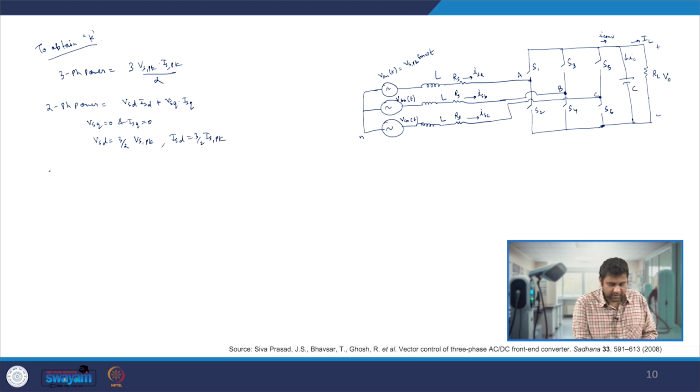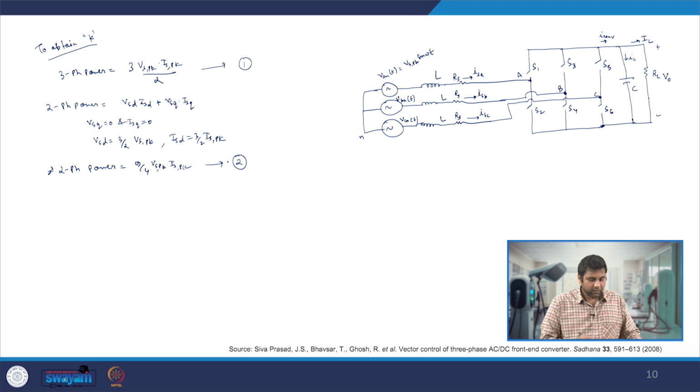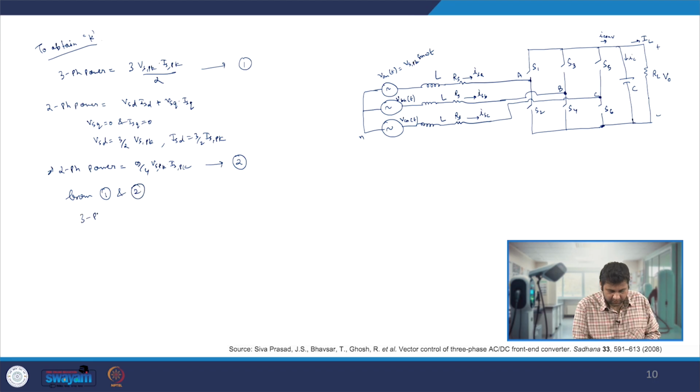So we can say that our two phase power is nothing but 9 by 4 Vs peak times Is peak. Let this be defined as 1, this as 2. From 1 and 2 we can say that the three phase power is nothing but 2 by 3 times two phase power.